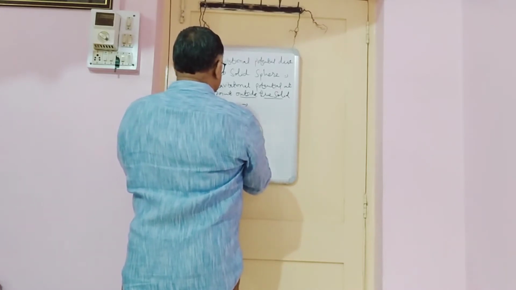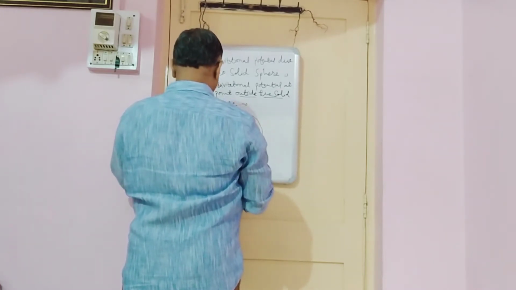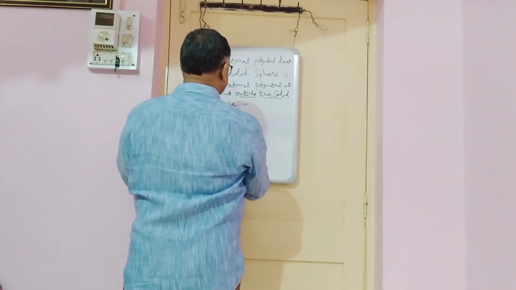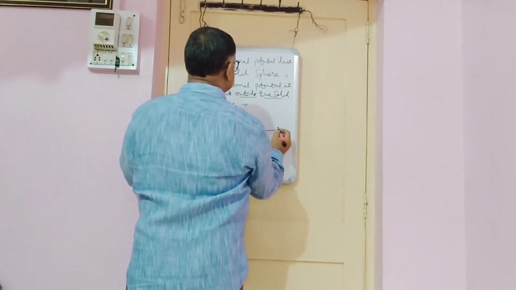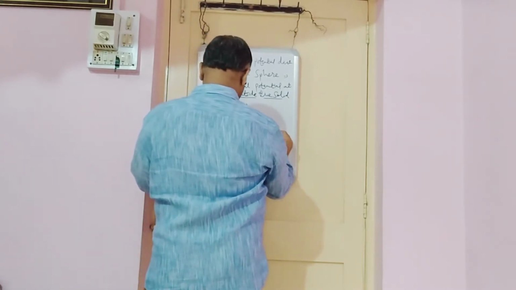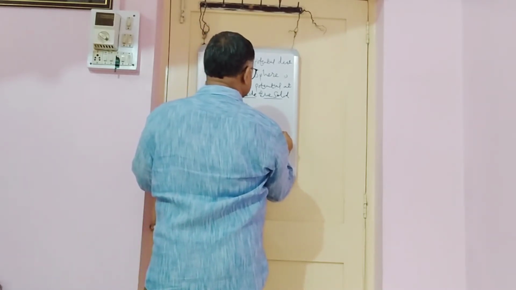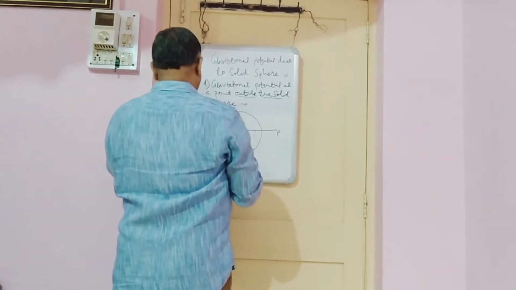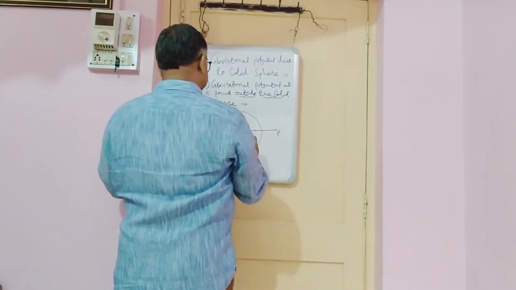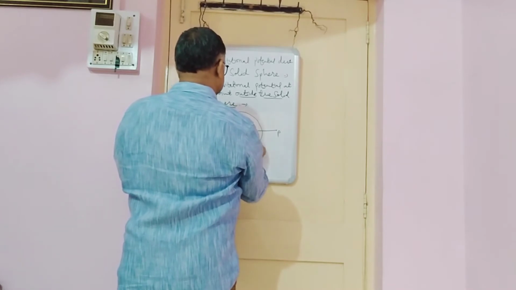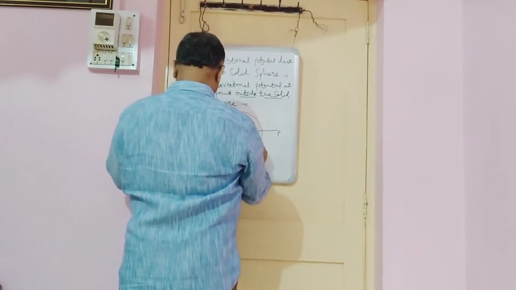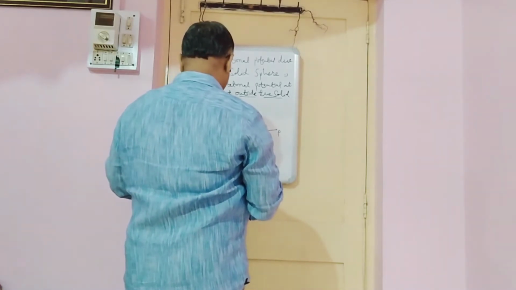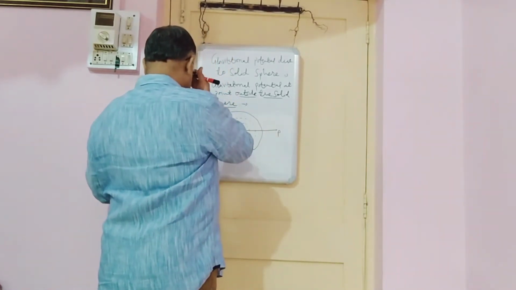This is the center having the notation O. This point which is outside of the solid sphere is denoted by the point P, and this is R, the radius of that solid sphere.